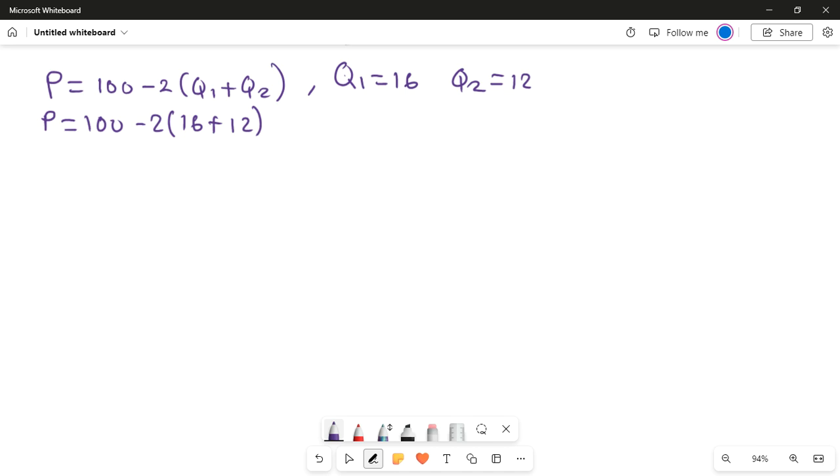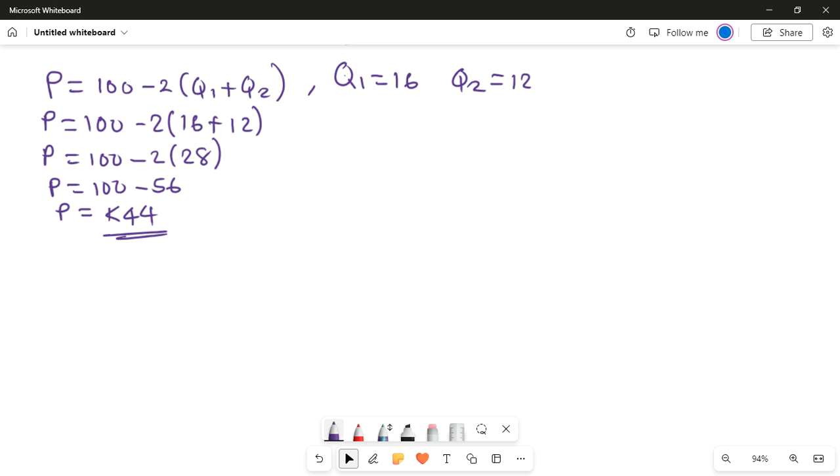So P is equal to 100 less 2 times 28. So therefore P is 100 less 56, which is 44. Therefore the price that this firm should charge is only 44 kwacha. So that is the equilibrium. So that is the price that is going to help this firm maximize its profit.